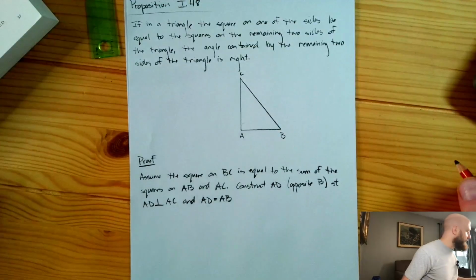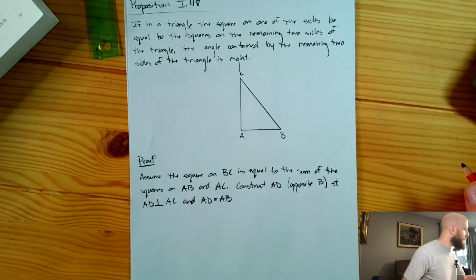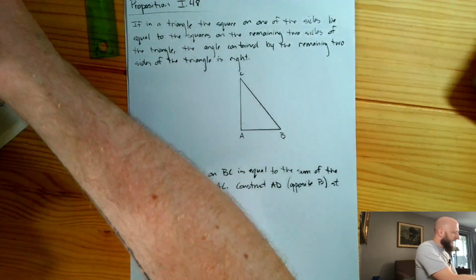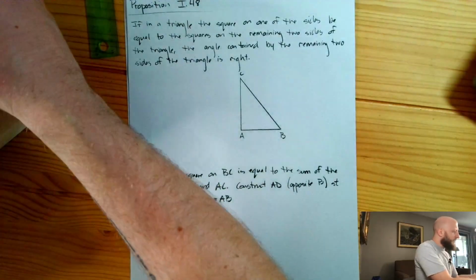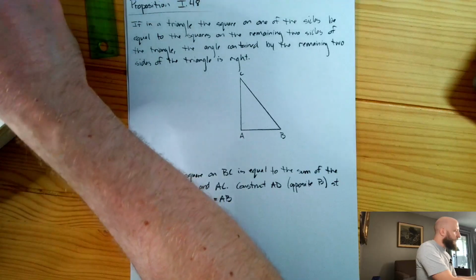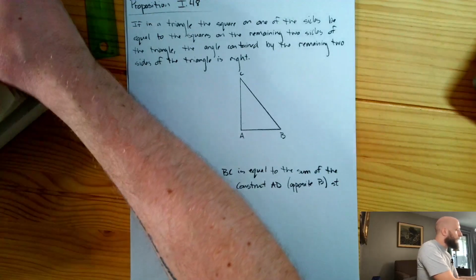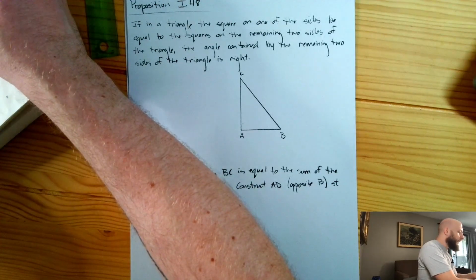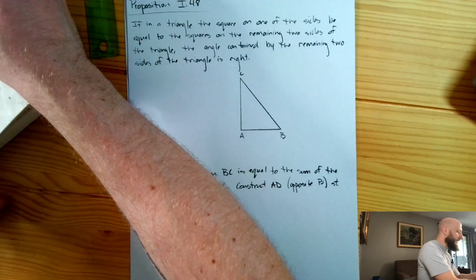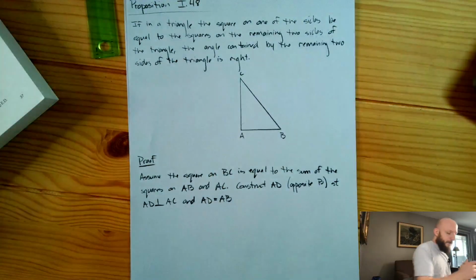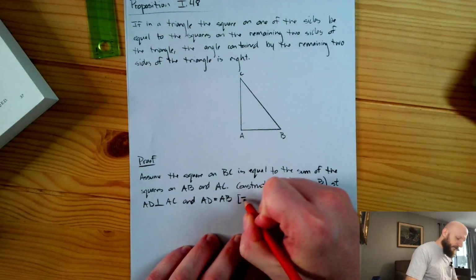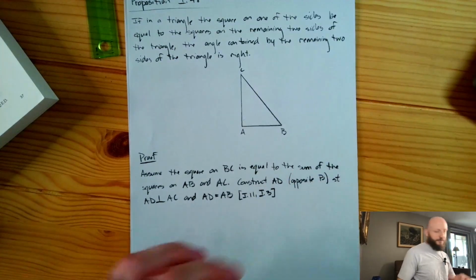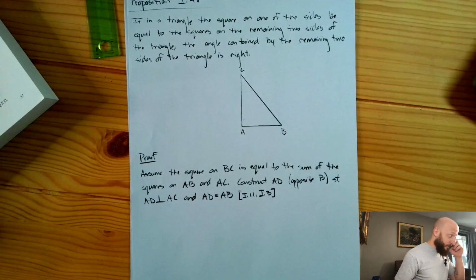It's not cited in here, but I'll cite it, even though it's from the beginning. Making AD equal to AB, that's not hard. That was Prop 3. Drawing perpendiculars is Prop 11, to draw a straight line at right angles to a given straight line. So I'll cite Prop 11 and also Prop 3. No big deal.